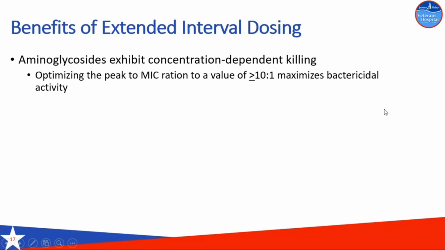If you think back to that concentration time curve that compared the nomogram dosing to the conventional dosing, if you remember, the peak that we got there was 20 compared to a peak of 4 or 5 with the conventional dosing. So we're getting nice high concentrations above the MIC.